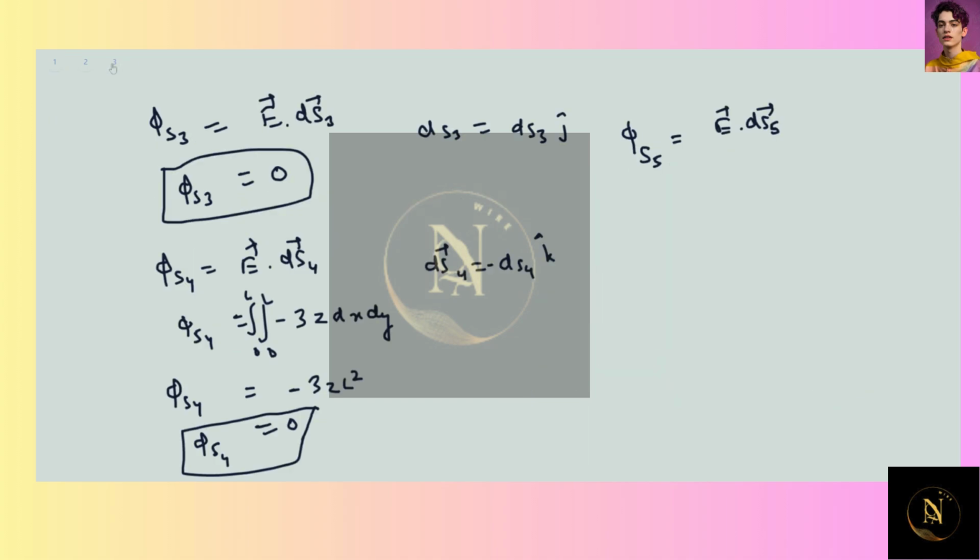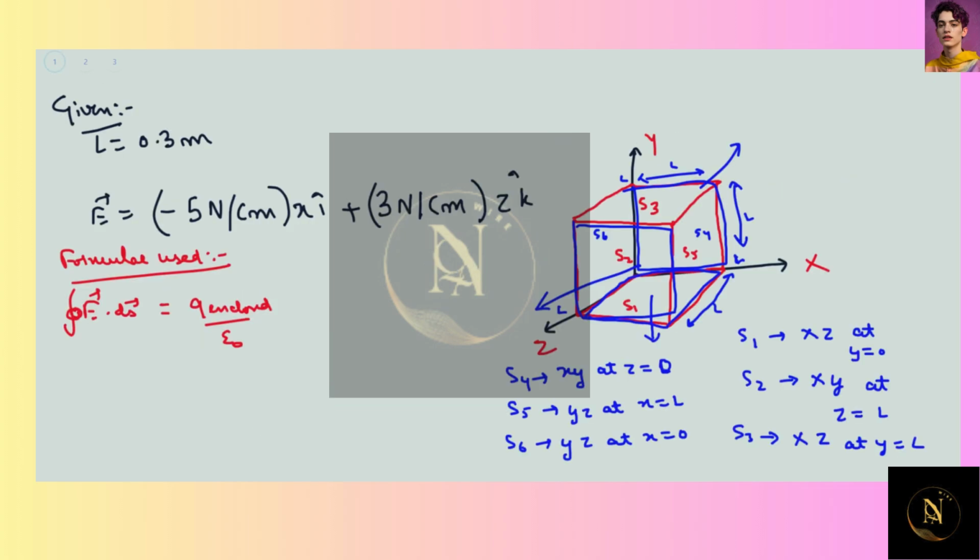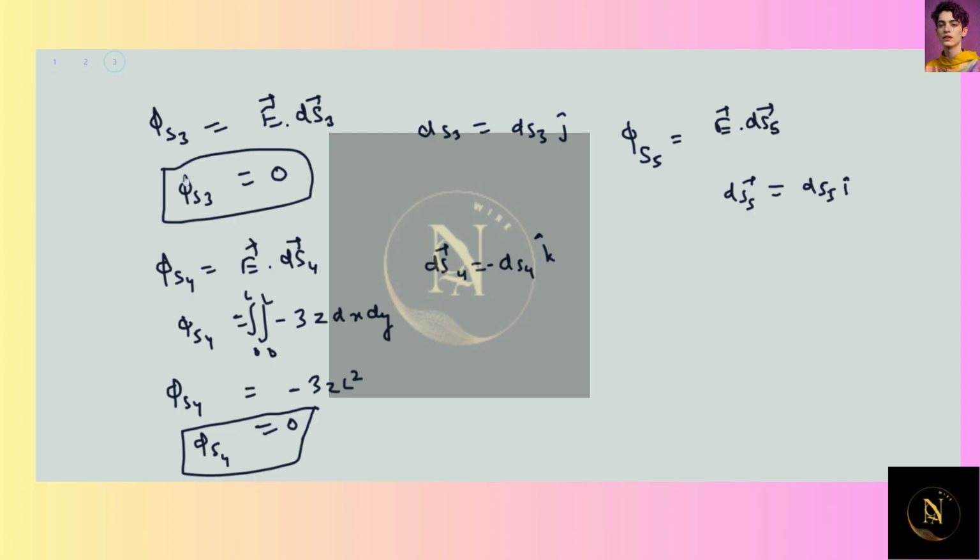So dS5 vector should be dS5, which is along i cap, because we have dS5 as this surface. The direction of the area is this way. So we put it here: E dot dS5 i cap.